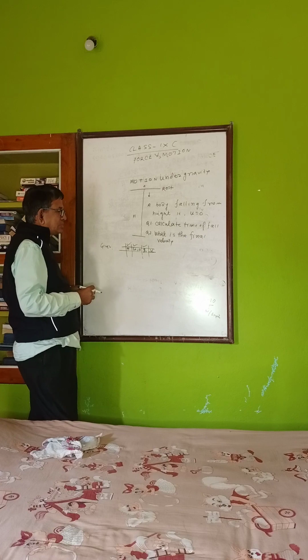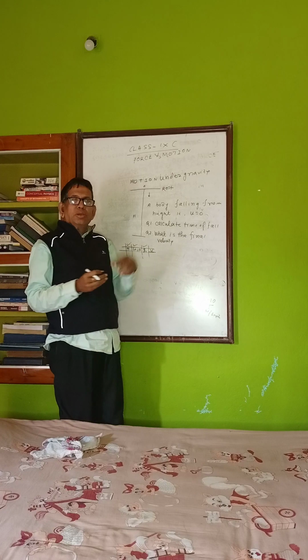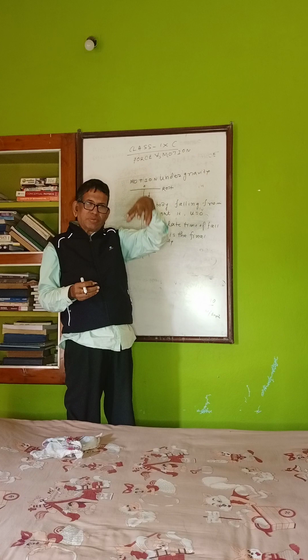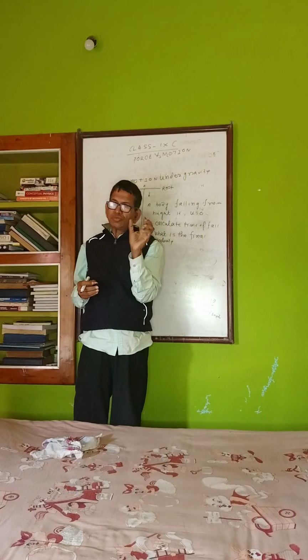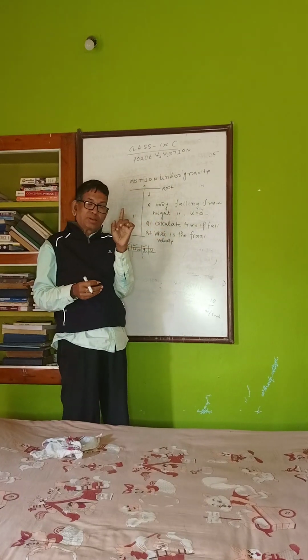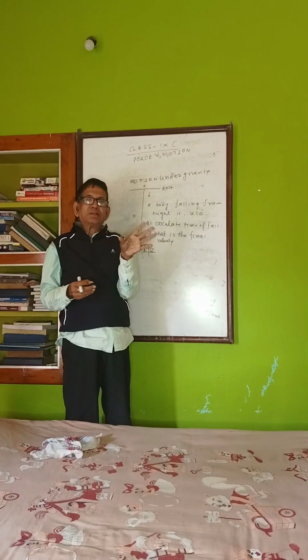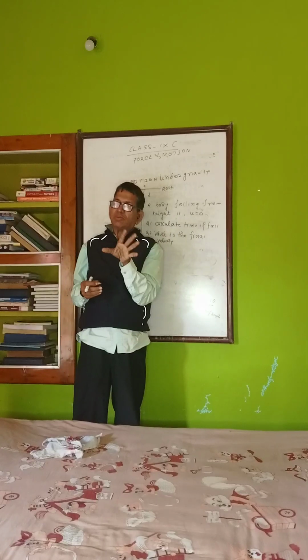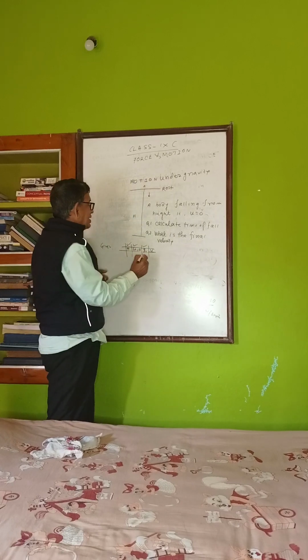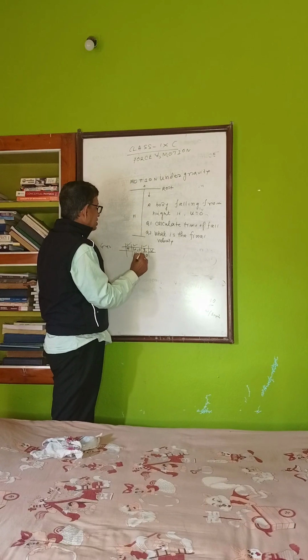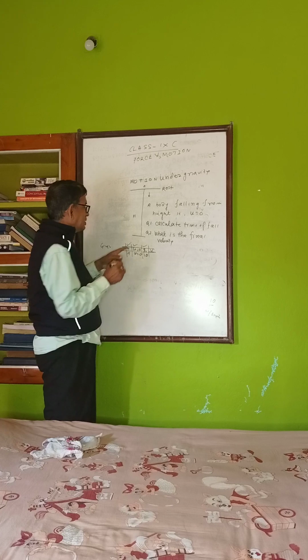Okay. Now you may ask me, when a body is falling under gravity, acceleration should be taken as 10 meter per second square for your convenience. Generally it is taken 9.8, but if nothing is given, you consider 10. So it will be U equal to 0, and h. So which formula must we use?